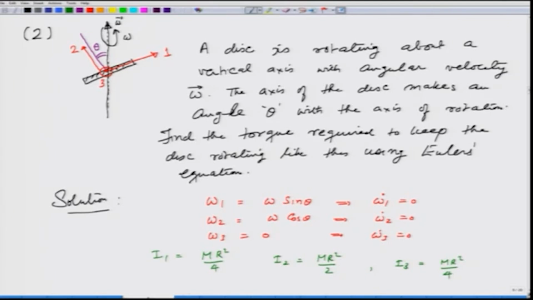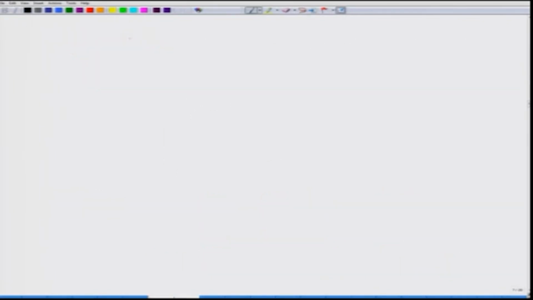Let us now apply Euler's equations. Euler's equations tell me that tau 1 is going to be equal to I 1 omega 1 dot plus omega 2 omega 3 (I 3 minus I 1). Now, omega 1 dot is 0, omega 3 is 0, and therefore, this whole thing is 0.